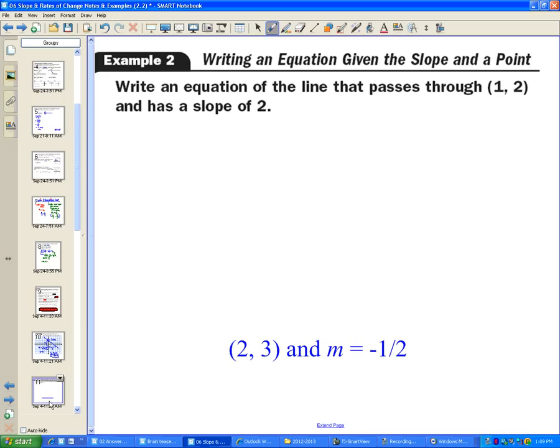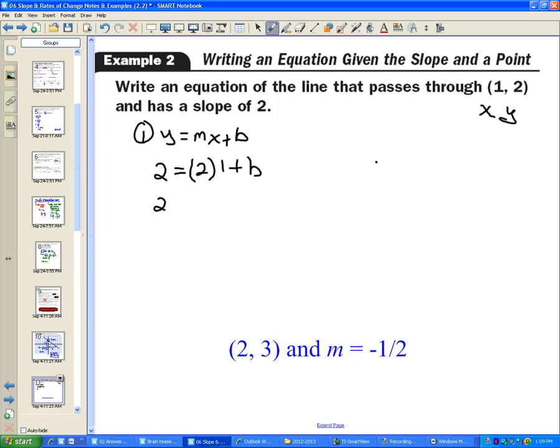In the past, we've talked about y equals mx plus b. We said to plug in the coordinates. This is what we did in the past. You don't have to write this down. I want to talk about a new way of doing this in just a second. 1 is my x, 2 is my y. We would say y is 2, m we're told is 2, x is 1, and I solve for b.